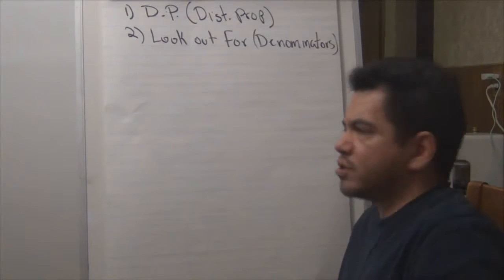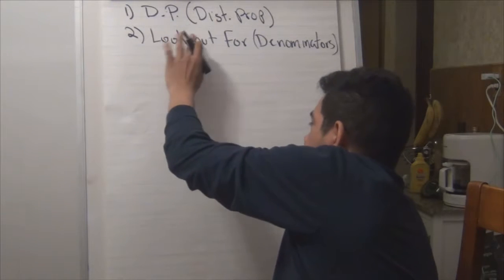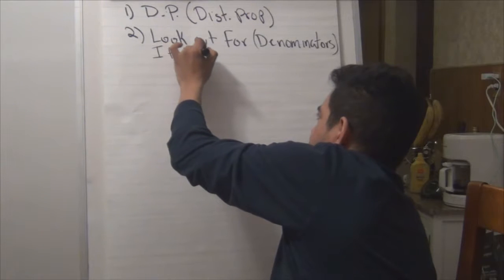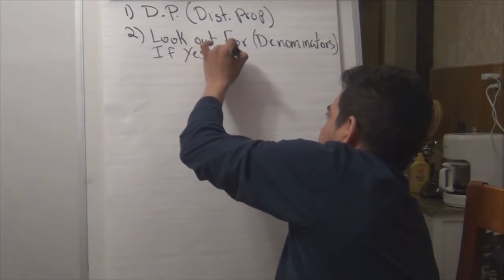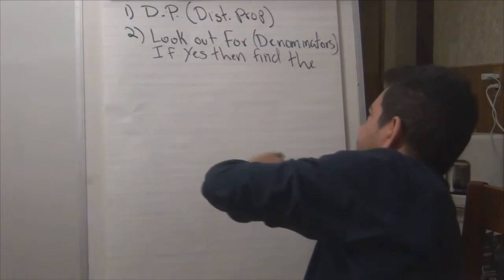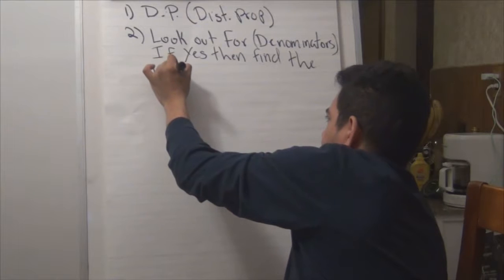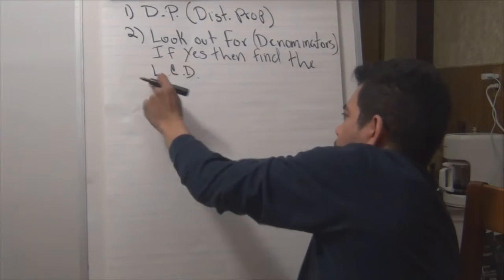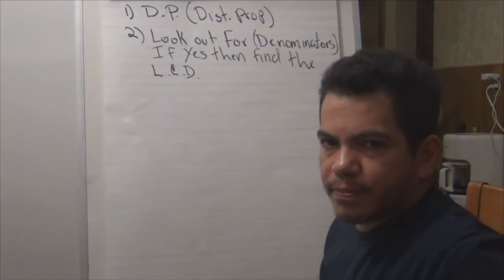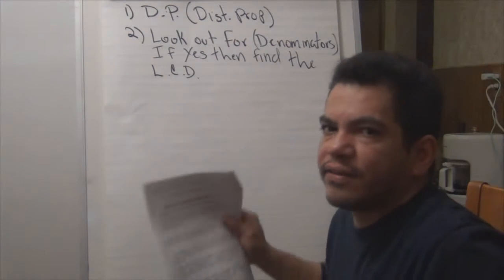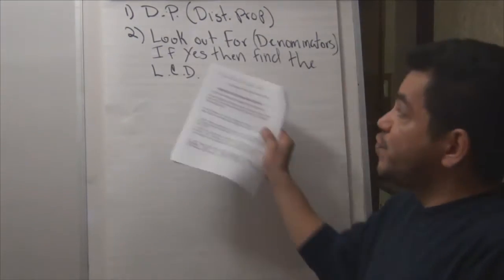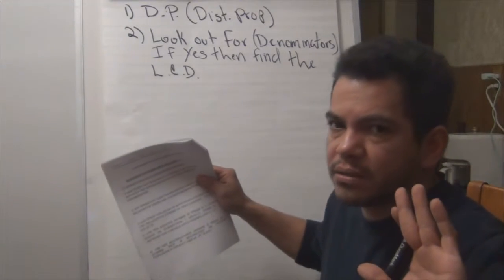Well, if you have denominators, if your answer is yes, then find the LCD. LCD means lowest common denominator or least common denominator, not liquid crystal display. No, that's not what it means. So don't get any ideas and don't get any jokes. So LCD, lowest common denominator, if you have fractions. If not, then chill. Got it?